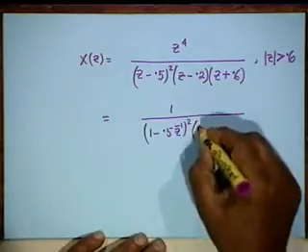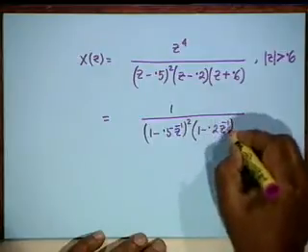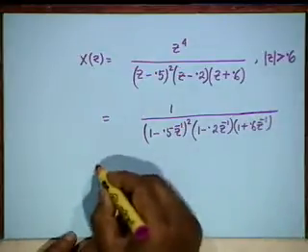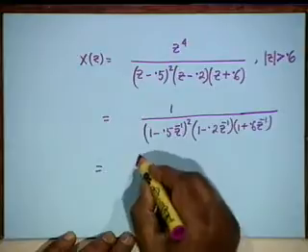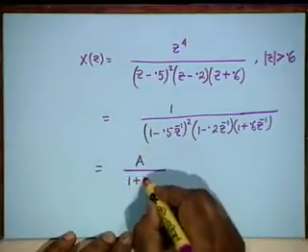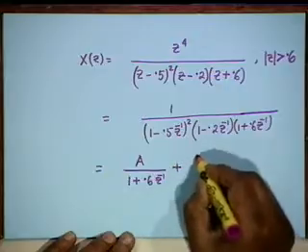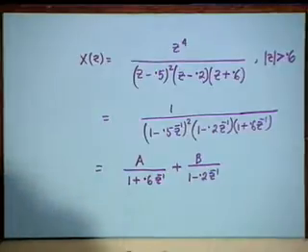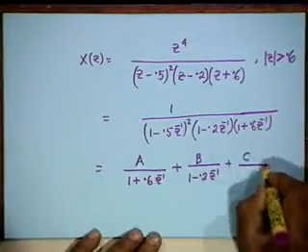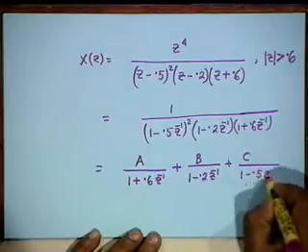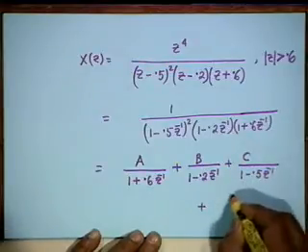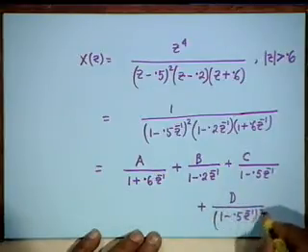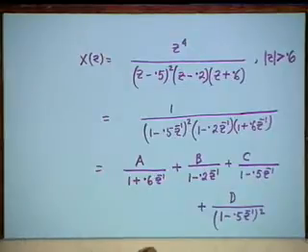Whole squared, 1 minus 0.2 z inverse, 1 plus 0.6 z inverse, and then we write this as, let us say, A by 1 plus 0.6 z inverse plus B by 1 minus 0.2 z inverse, these are single poles, plus C by 1 minus 0.5 z inverse, plus there will be another term D by 1 minus 0.5 z inverse whole squared, and it is this D that creates a problem.